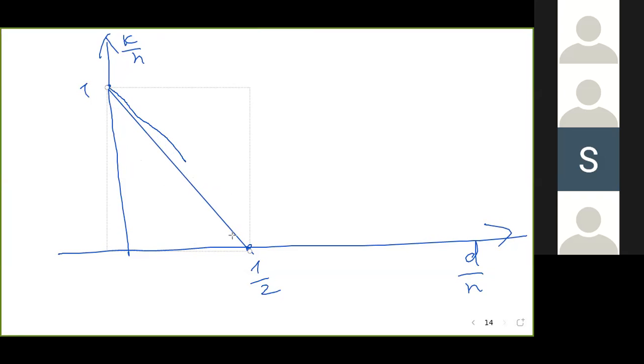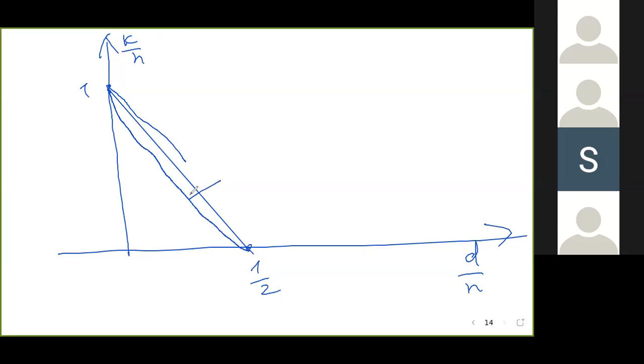And now our bound is the following one. Something like that. It's convex.